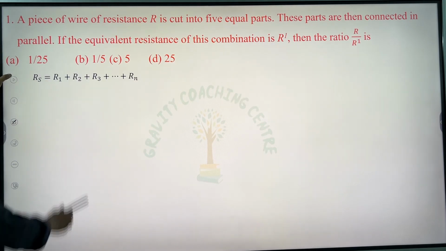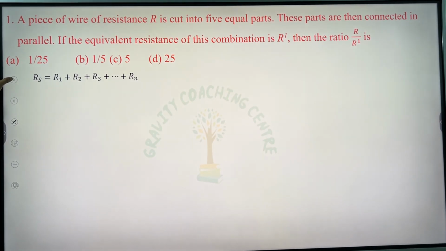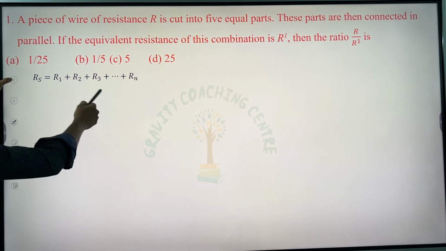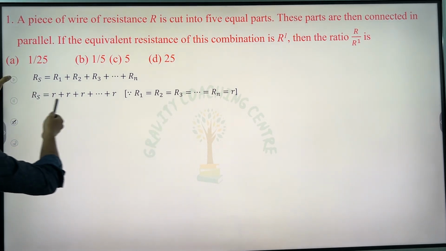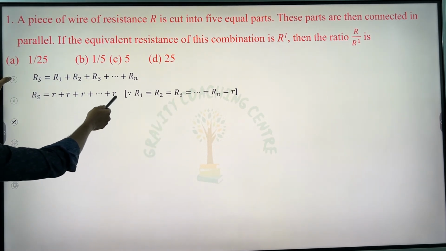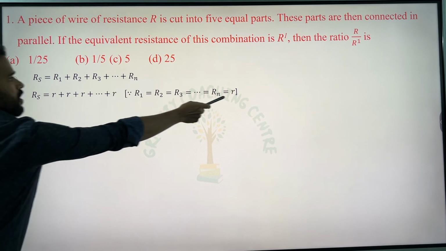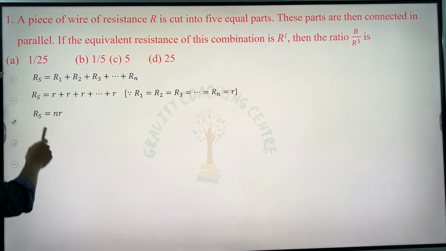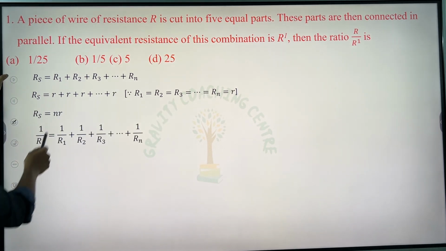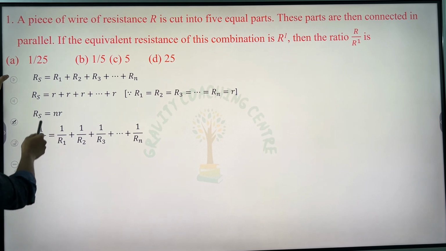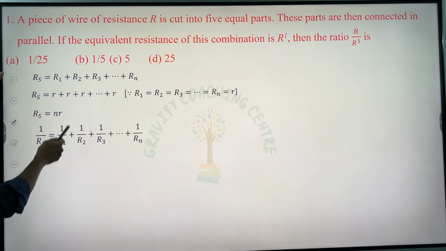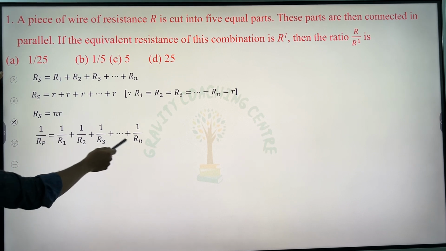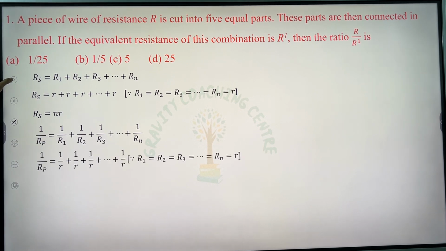See here, in series, the equivalent resistance is R1 plus R2 plus R3, so on Rn. And since all the resistors are equal, Rs is equals to R plus R plus R plus, we are replacing with R. Since there are n terms, it will be nR. Similarly, the equivalent resistance in parallel is 1 by Rp equals 1 by R1 plus 1 by R2 plus 1 by R3, so on 1 by Rn.